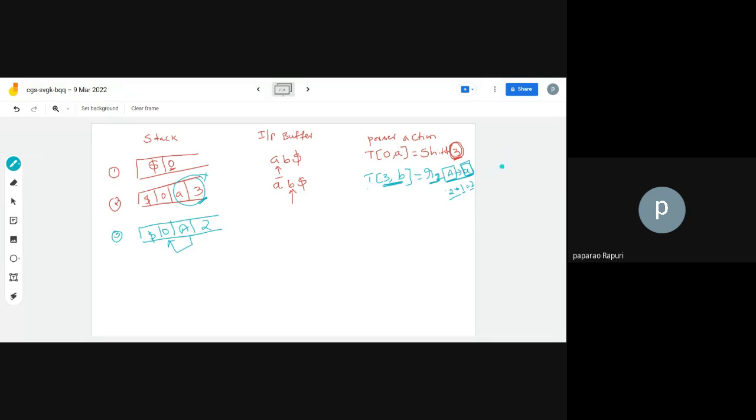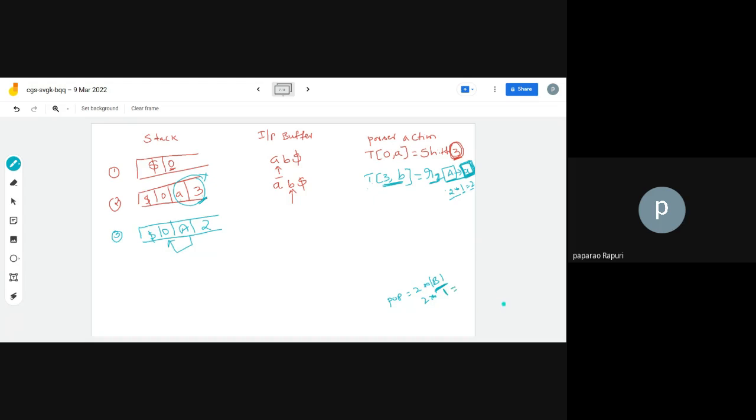For reducing, we need to pop 2 into B number of symbols. What is the number of B, sir? Here B is 1 because we are having only one symbol on the right hand side of the production.